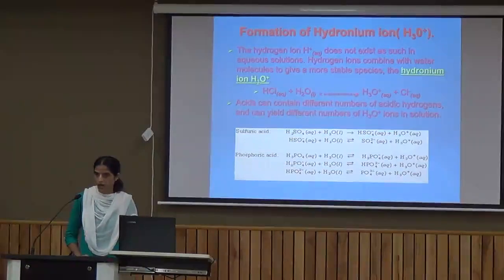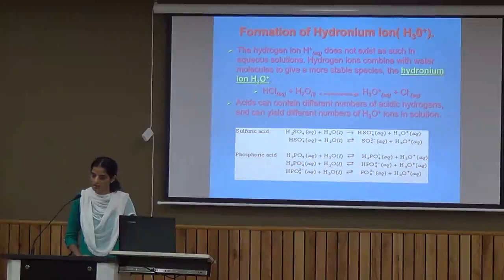These hydrogen ions combine with a water molecule to form hydronium ion, which is comparatively stable as compared to hydrogen ions. We had just now read the basicity of acids, that different acids yield different numbers of hydrogen ions in solution. So accordingly, the hydronium ions will be formed.